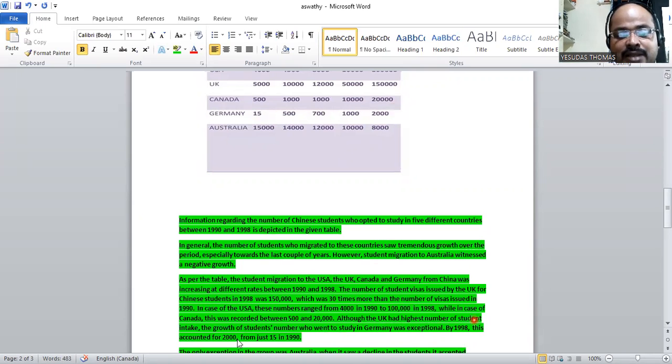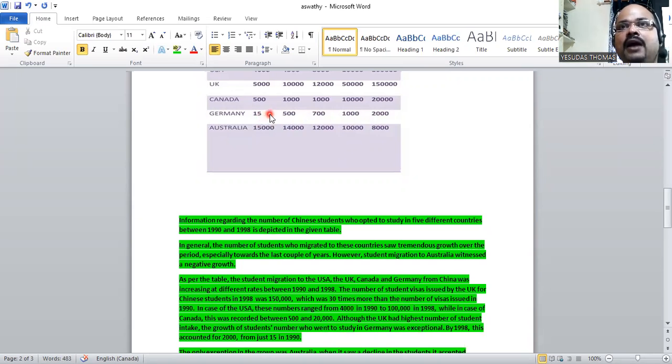Although the UK had the highest number of student intake, if you want to calculate this number, you can say it in brackets. The highest number of student intake from China was to the UK. The growth of students who went to study in Germany was exceptional. The growth in the UK was only 30 times, while this is far beyond that.